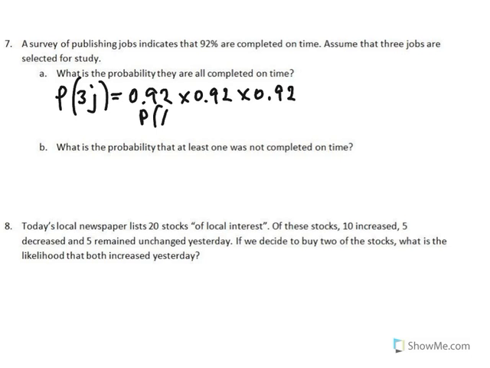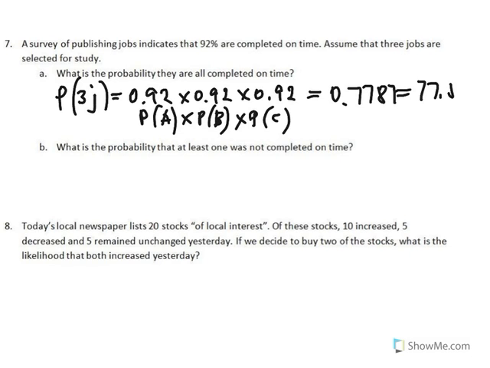Probability of A times probability of B times probability of C. And that would be 0.7787 or 77.87%. Okay, so it's that easy. You just multiply these 3. Now, here's another idea.